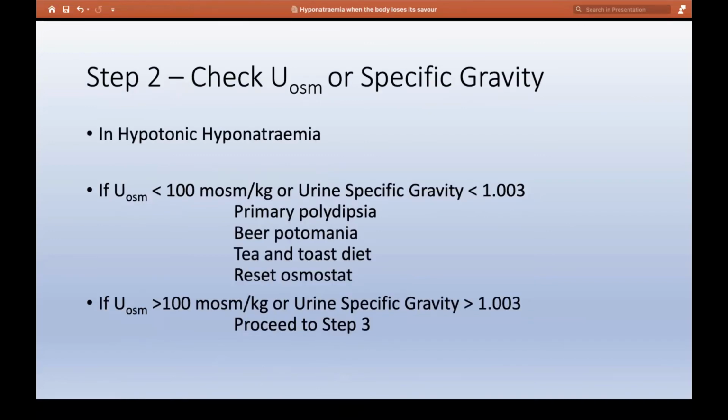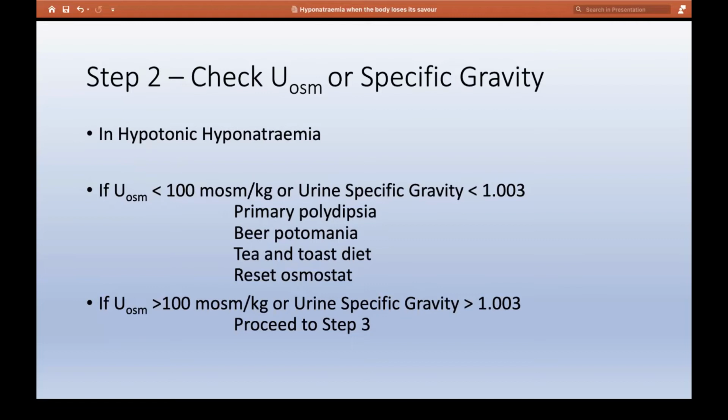Second thing is to check the urine osmolality. This is done in hypotonic hyponatremia. If you get low urine osmolality, you have to think about those rare things I mentioned about water intoxication: primary polydipsia, beer potomania, tea and toast diet, or reset osmostat.